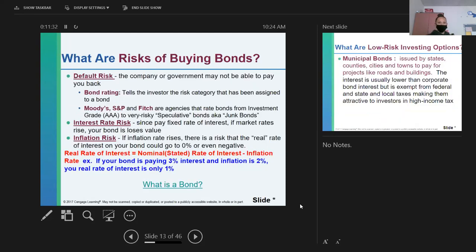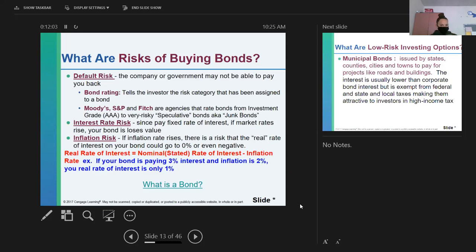There are risks associated with buying bonds. So the default risk, which I was already saying, is that the company or government may not be able to pay you back. So they default on that bond and don't pay you. There's a bond rating, which tells the investor the risk category that has been assigned to a bond. So Moody's, S&P, and Fitch are agencies that rate bonds from investment grade, AAA, to very risky speculative bonds, also known as junk bonds.